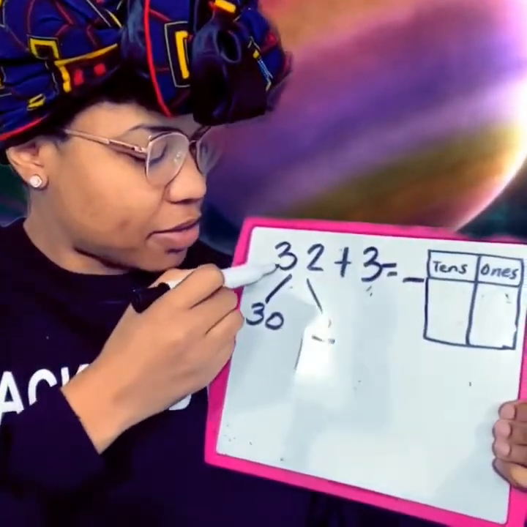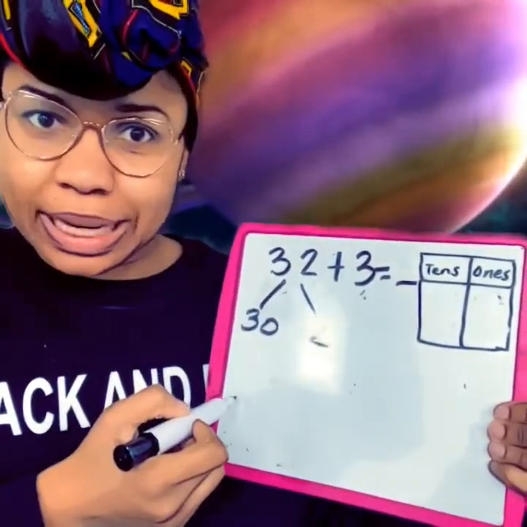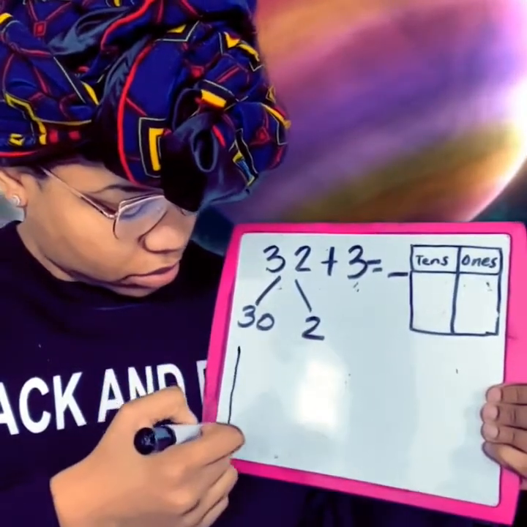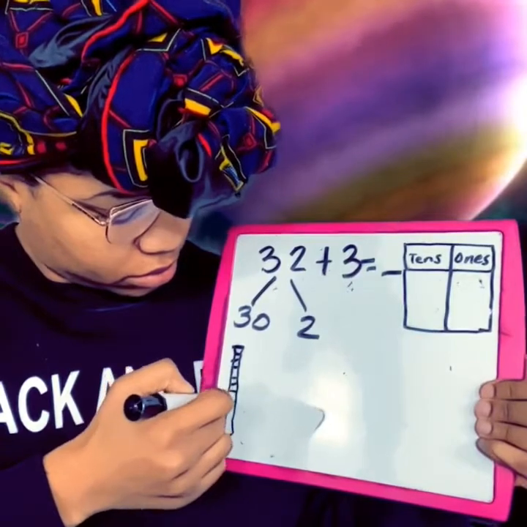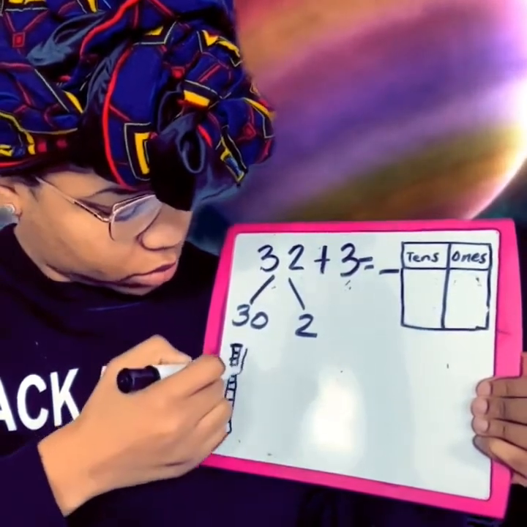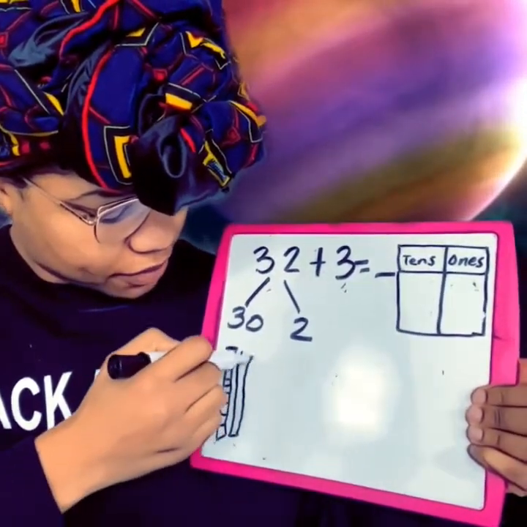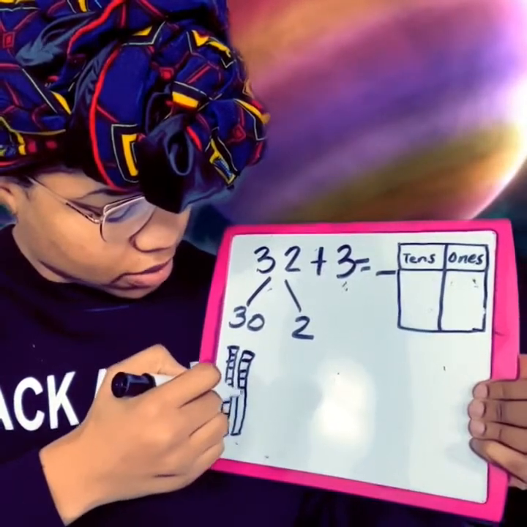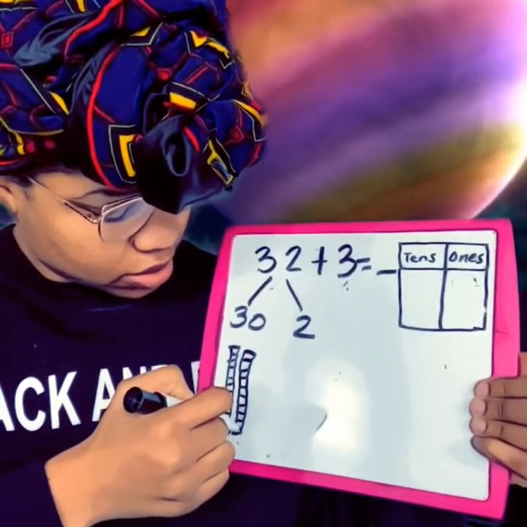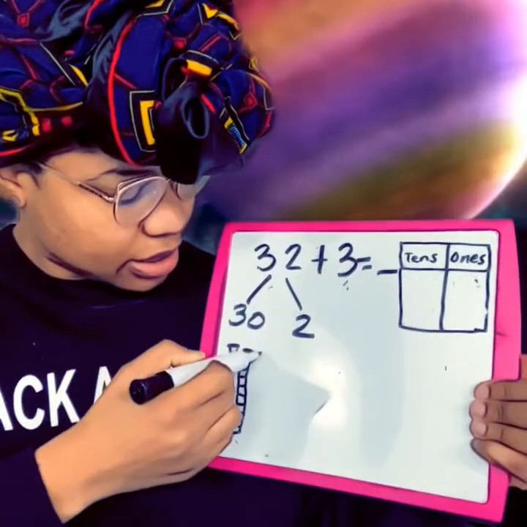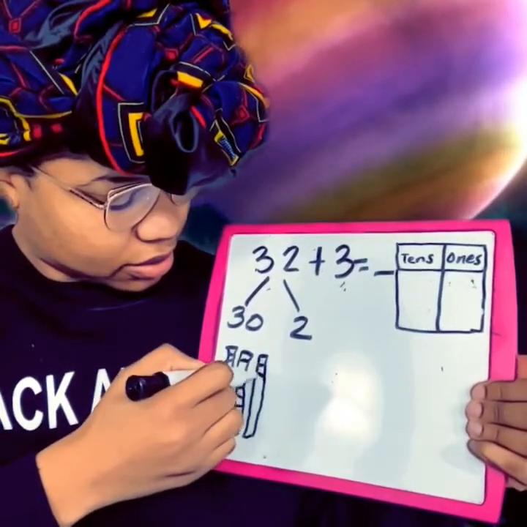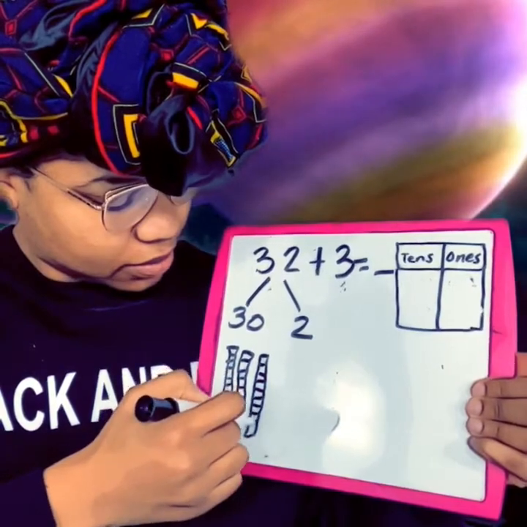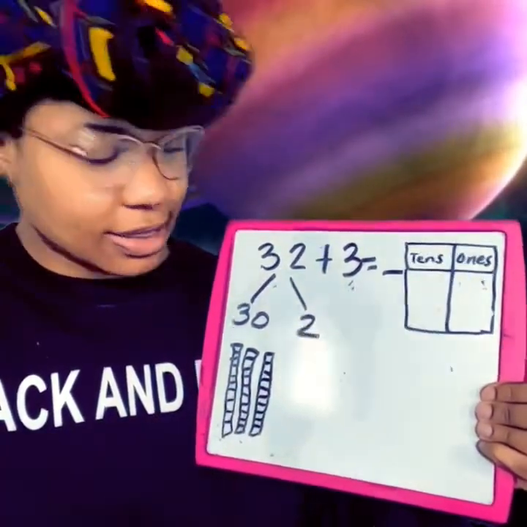I know I have 3 groups of 10, so I know I need 3 10 sticks. One 10 stick. 2 10 sticks. 3 10 sticks.